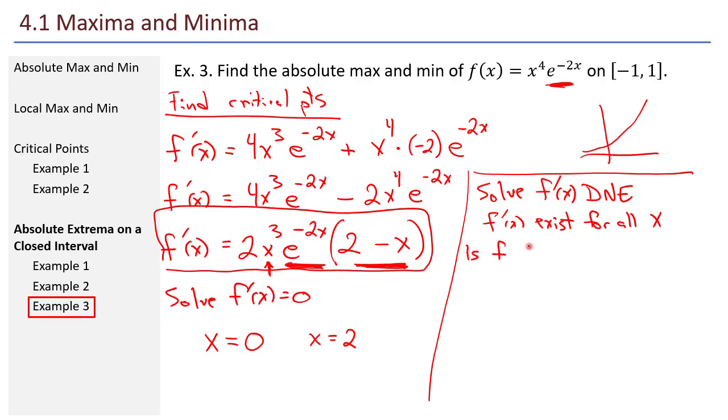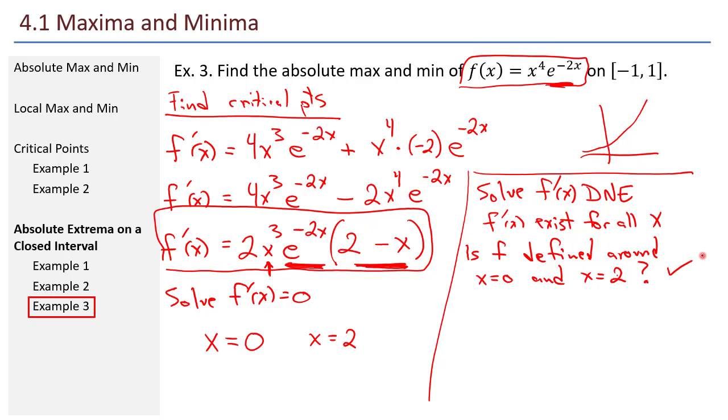Is f defined around x equals 0 and x equals 2? So I'll go back to my original function, and yes, it is. It's a product of two continuous functions, so f of x itself is continuous. It's defined everywhere. So I have my two critical points: x equals 0 and x equals 2.